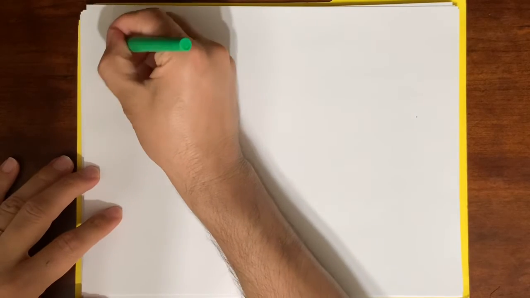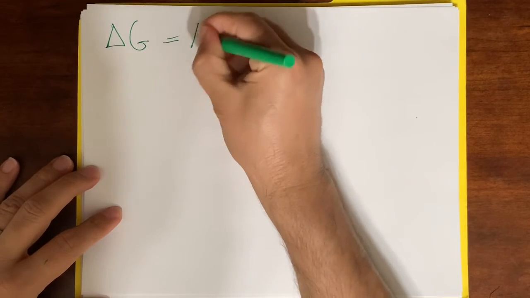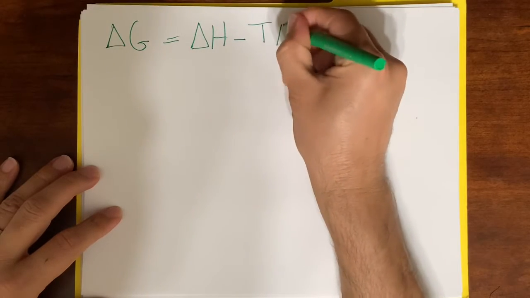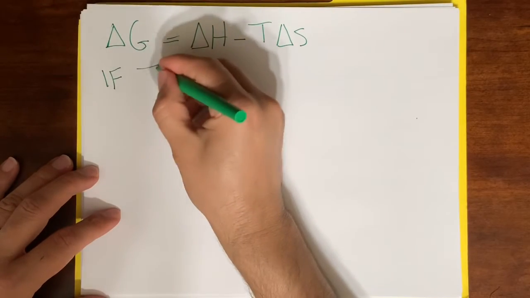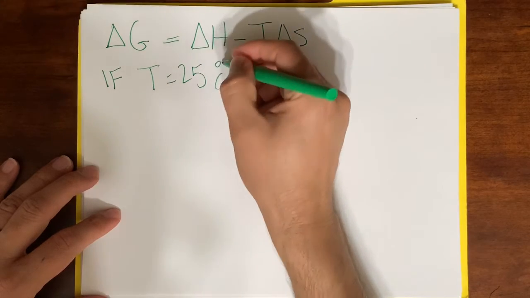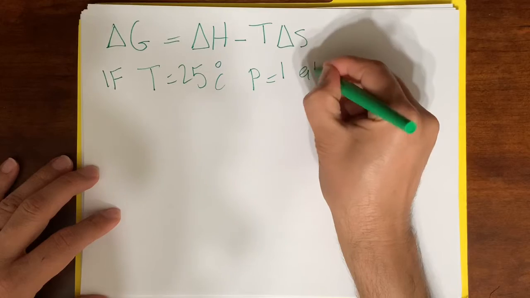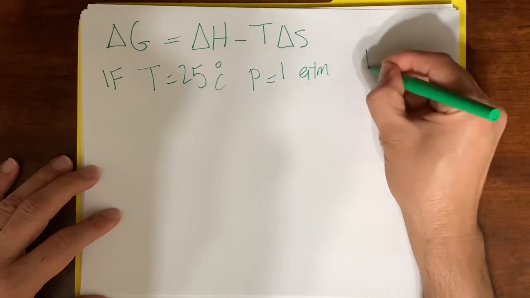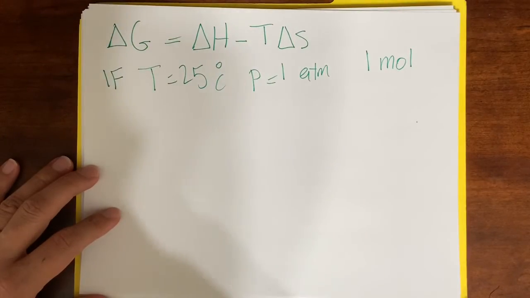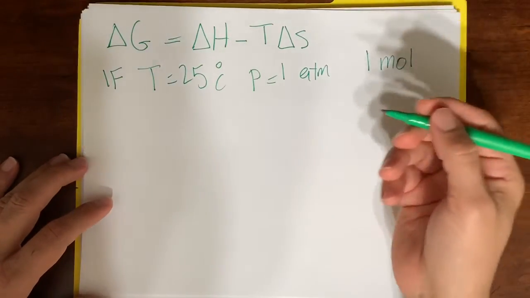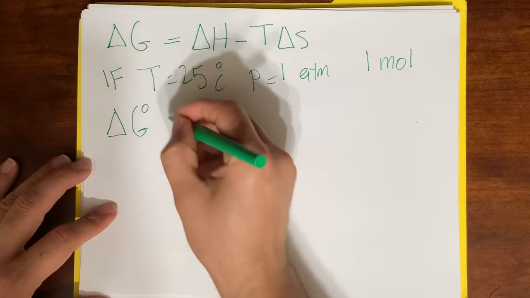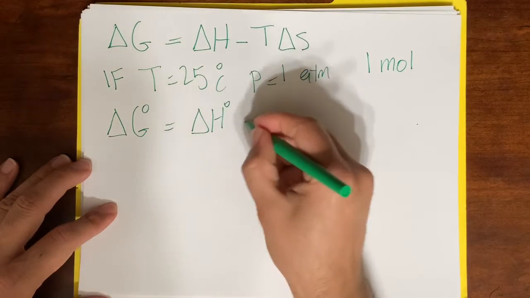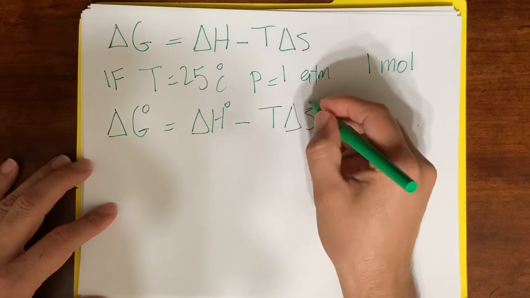Okay, last thing that I'm going to do, we can use delta G. Delta G is equal to delta H minus T delta S. If T is 25 degrees Celsius and pressure is 1 atmosphere, and we're talking about 1 mole, and if you have concentration, it is also 1 mole per liter, in that case you can say delta G under standard condition is equal to delta H under standard condition minus T delta S under standard condition.